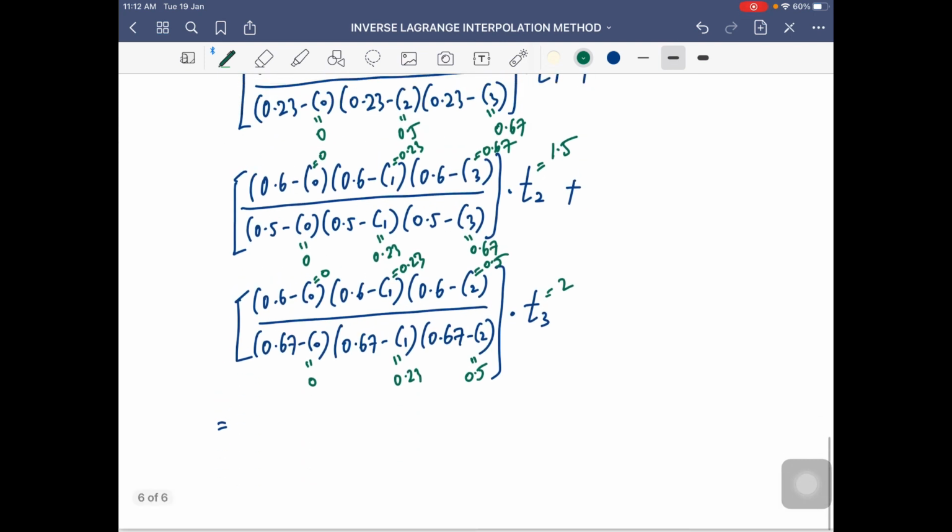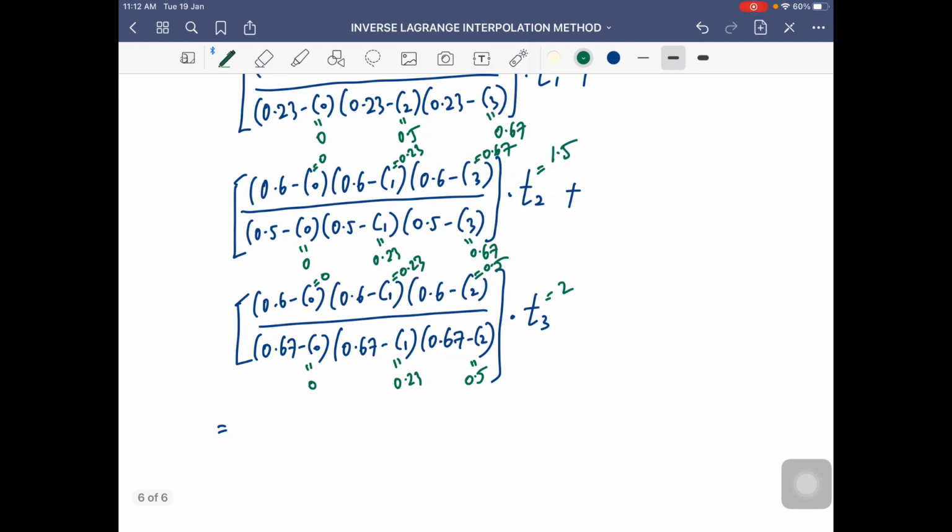So if you simplify this, it means that you expand all the constants and multiply with your ti. So what I have here is 0.0336 times 0. No need to calculate the first term, because multiplied with 0, you will get 0.